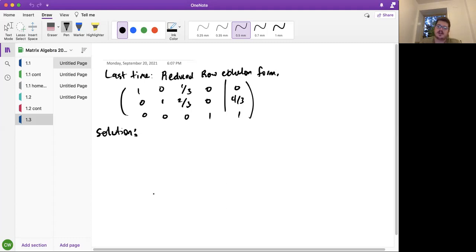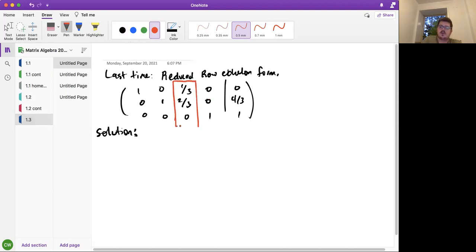So first of all, can anyone say which variable will be free? There are 4 variables here, and here it is in reduced row echelon form. What do you think the free variable will be? Yeah, in this case, it would be the 3rd variable.